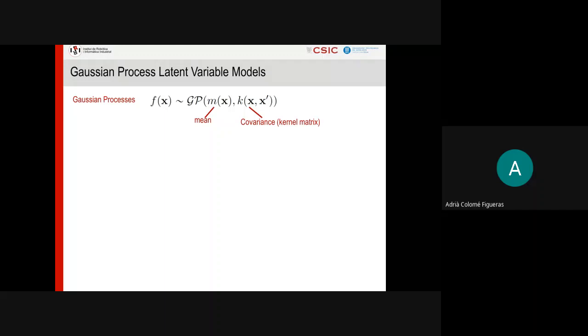So you don't optimize and find the projection, but you directly find the latent space values of the variables.